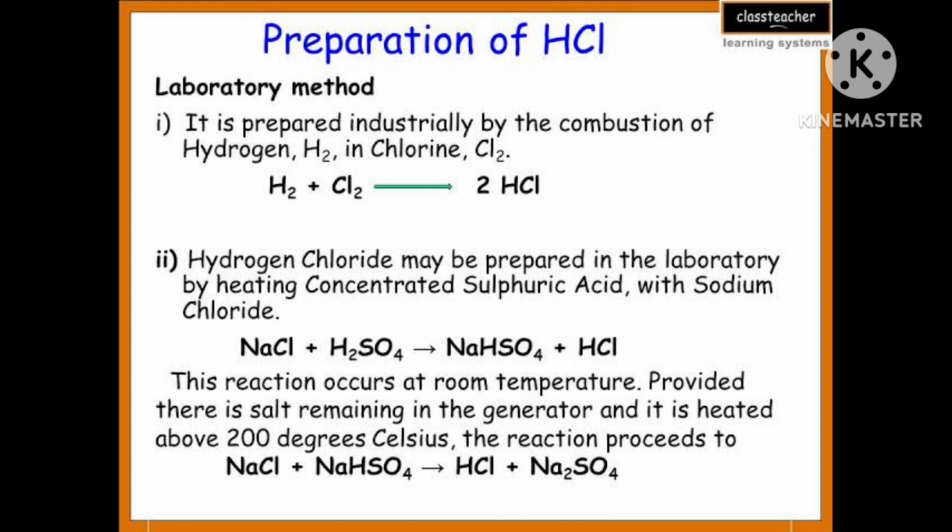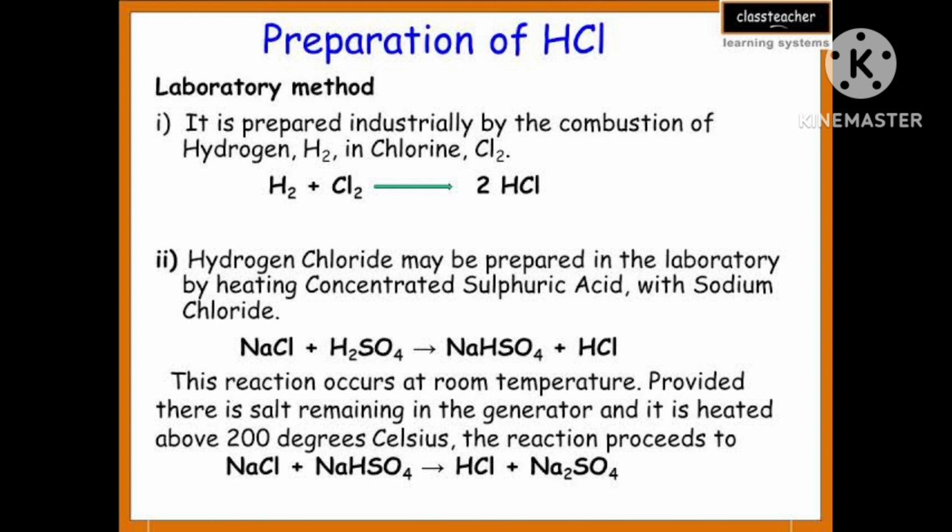It is extremely soluble in water and ionizes. HCl plus H2O gives hydronium ion plus Cl minus, and the Ka value is 10 to the power 7.